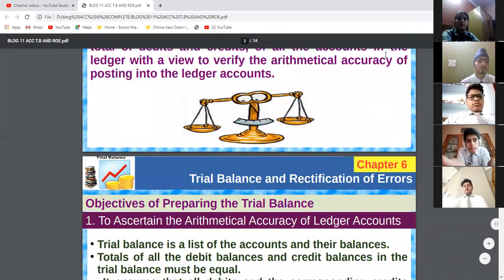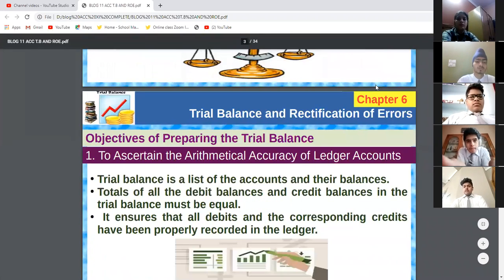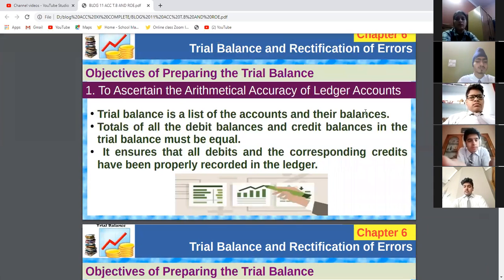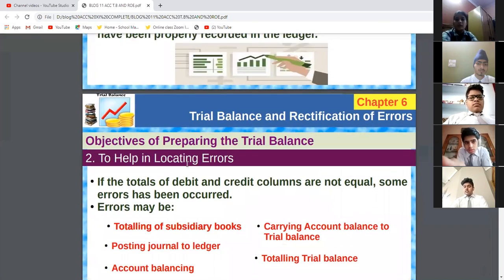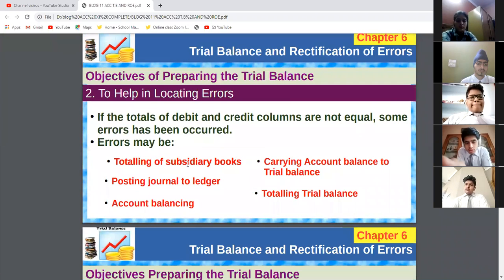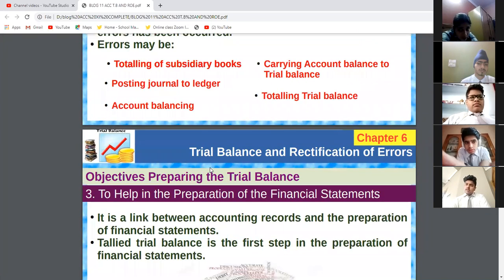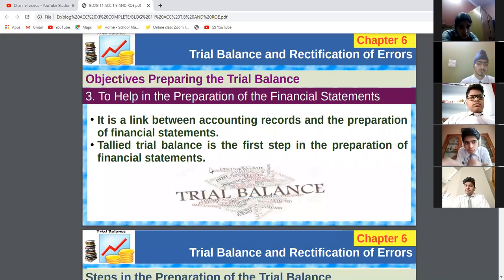It shows mathematical accuracy. There are various uses, aims, objectives or importance of preparation of trial balance. First is to ascertain the arithmetical accuracy. Second, to help in locating errors and to help in the preparation of financial statements.